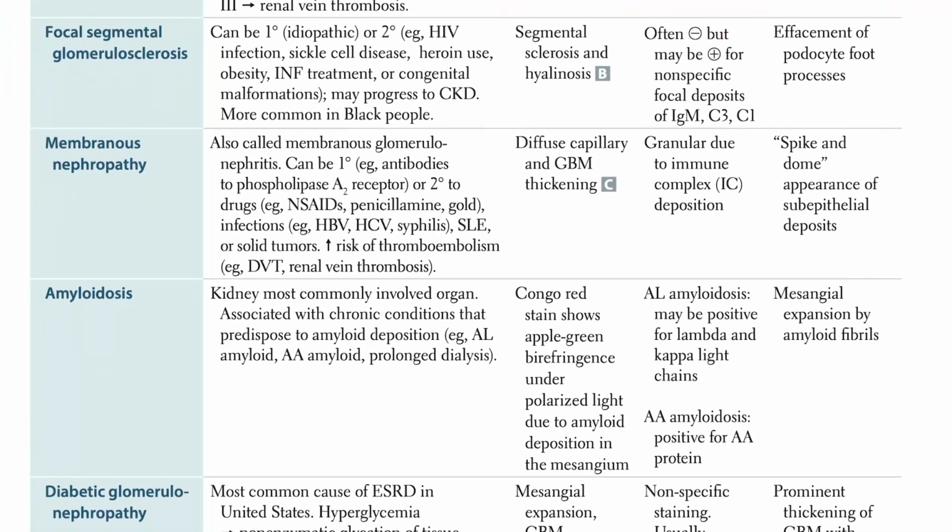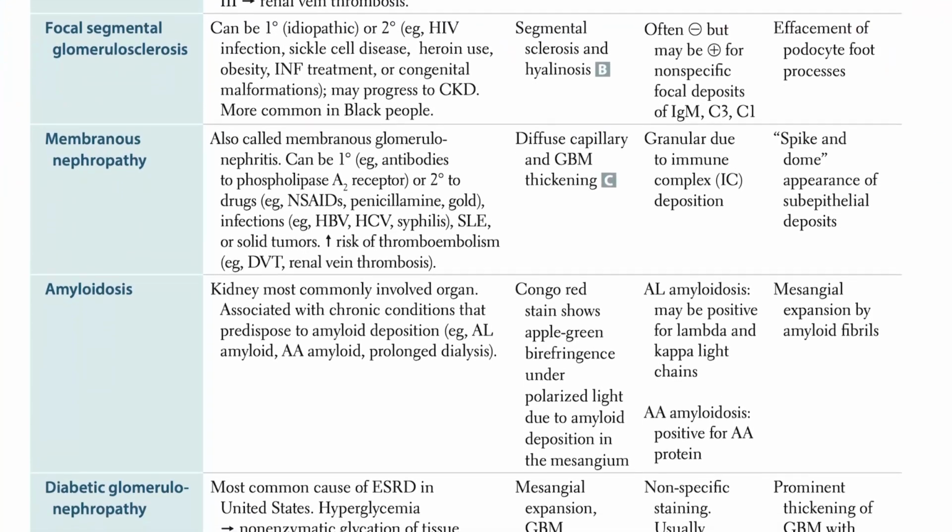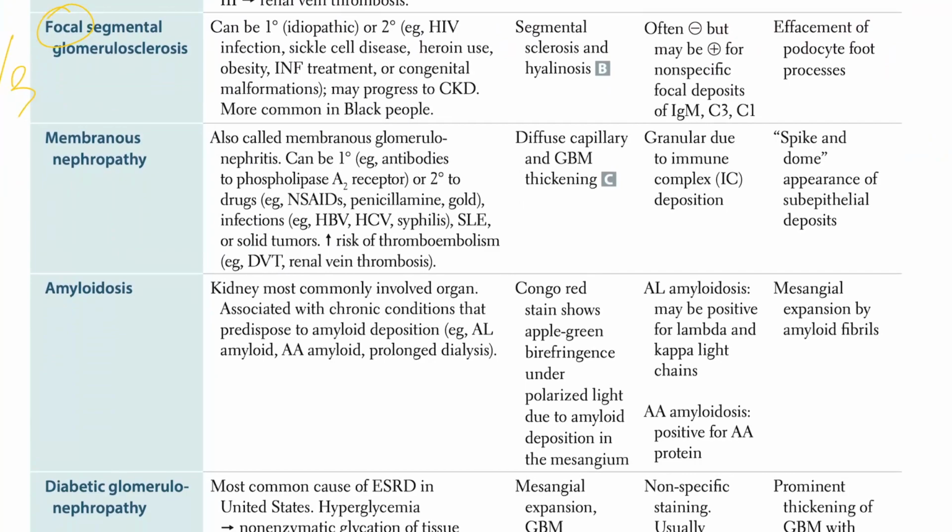Then we have the focal. Focal means only 1/3 of the glomeruli. Segmental, only a segment of the glomeruli. Glomerular sclerosis. Okay. So when we say focal, and we did this nomenclature beforehand, we're talking about less than 50% of the glomeruli, or the segment of the glomeruli.